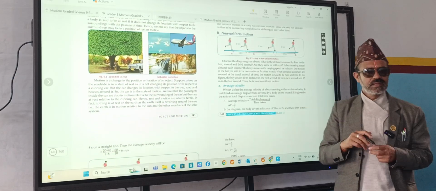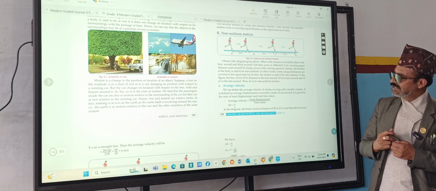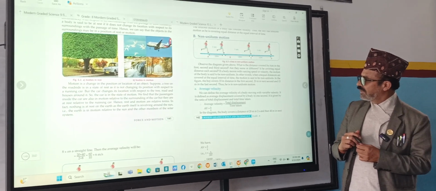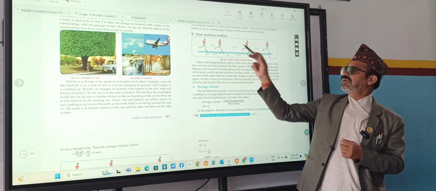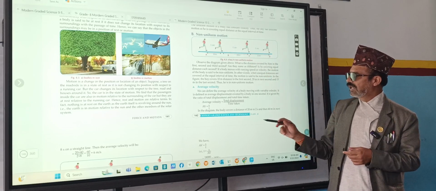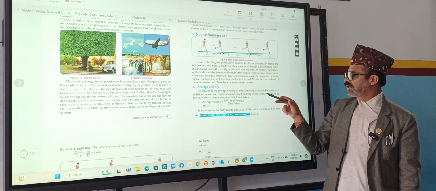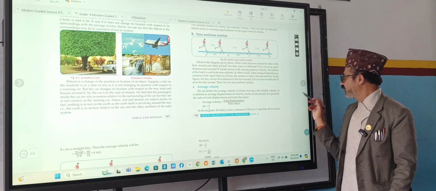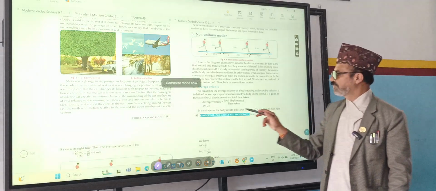What is the next heading? Average velocity. If a body is moving with non-uniform motion, then we can get one idea: average velocity. What is the definition of average velocity?